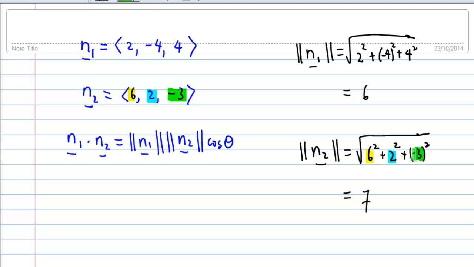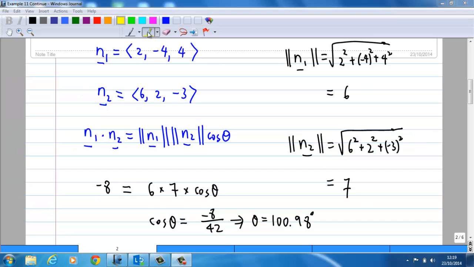And then you take the square root, and you find that the length of n2 is 7. Now we substitute the dot product of n1 and n2 equal to -8, the length of n1 is 6, the length of n2 is 7, and we find that cosine theta is equal to -8 over 42. This means the angle theta between two vectors n1 and n2 is 100.98 degrees.